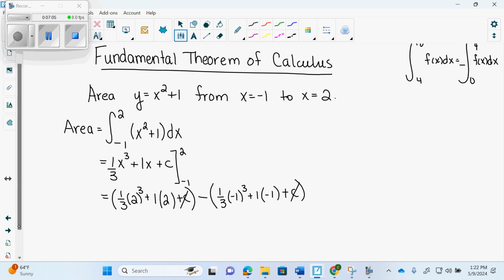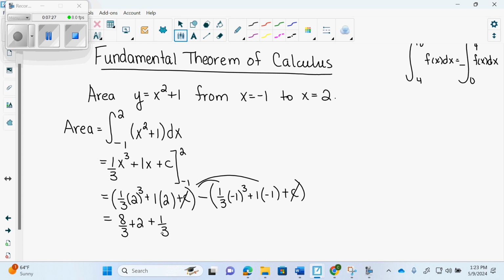So I get 2 cubed, which is 8 times 1/3 is 8/3, plus 2, minus, -1 cubed is -1 times 1/3 is -1/3, times the negative is positive 1/3.